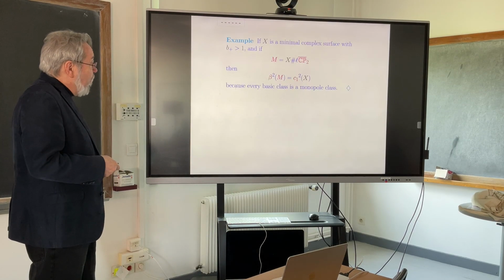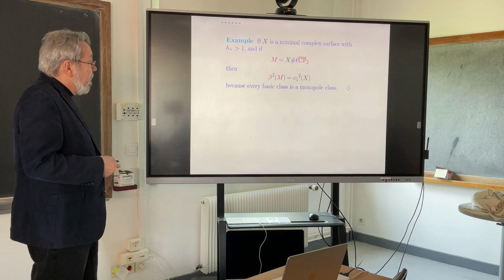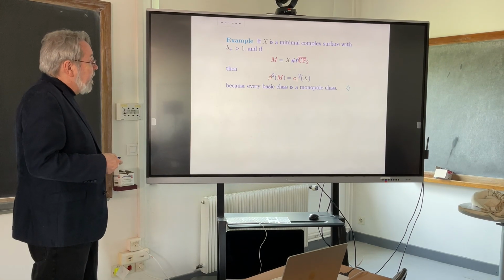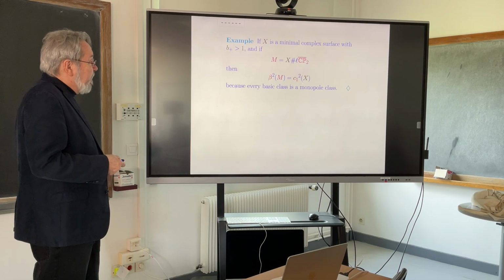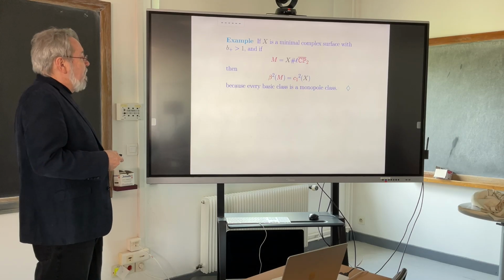We'll see in a moment why this is actually. So here the abstract thought would say beta squared must be greater than or equal to this, because you can find enough monopole classes to give that lower bound for this maximum.